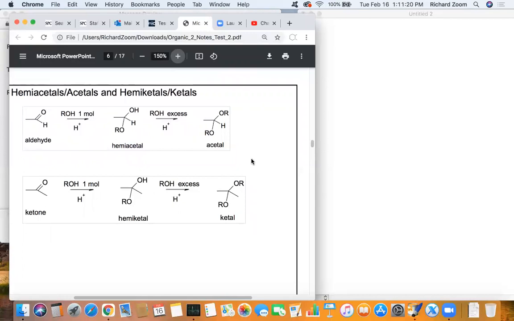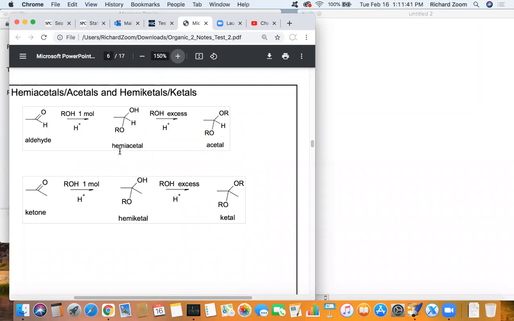All right. So whether we're talking about hemiacetals, acetals, hemiketals, or ketals depends upon what we're starting with. If we're starting with an aldehyde, then the addition of one alcohol equivalent will produce what's called a hemiacetal, and 2 alcohol equivalents will produce an acetal.